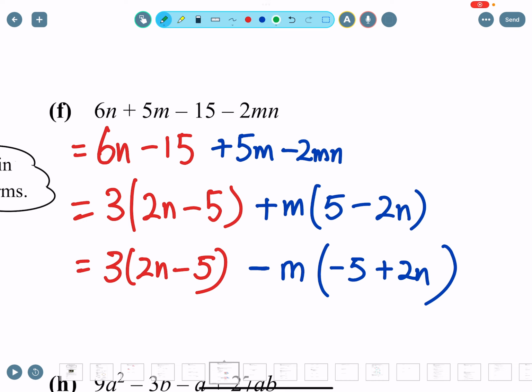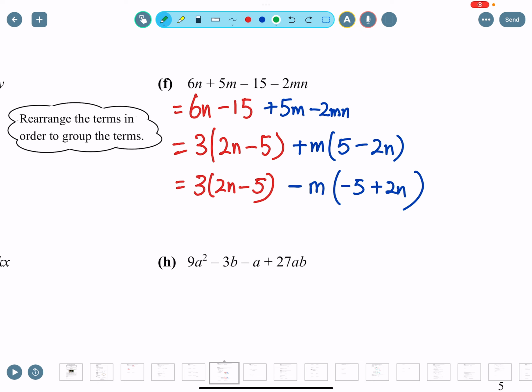So now you will notice that positive 2n, negative 5, negative 5. The only difference is you have to swap these two, but it's not a problem. It's actually exactly the same by now. So these two, I'm going to factorize it. It will end up as 2n minus 5. Then what remains will be 3 minus m.